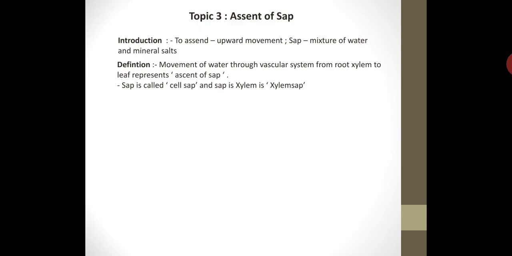To ascend means upward movement of sap, that is from root xylem to the leaf xylem of the plant. That process we call ascent of sap.